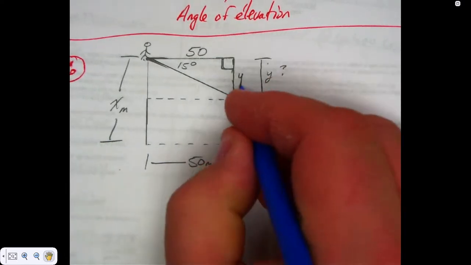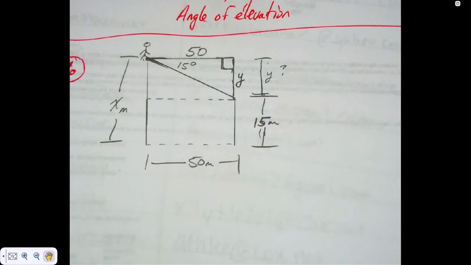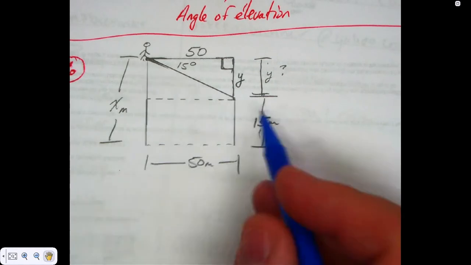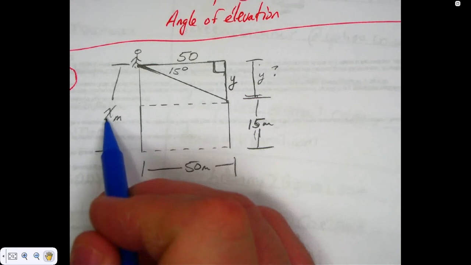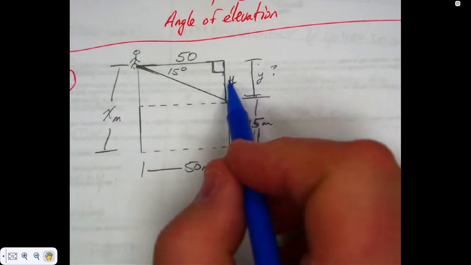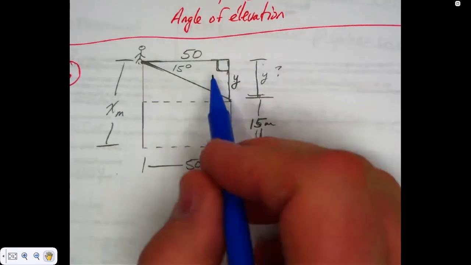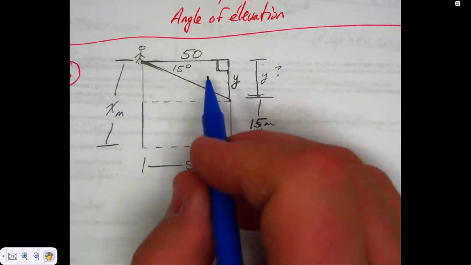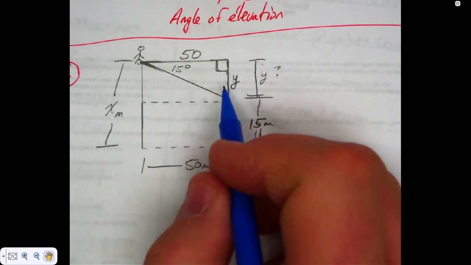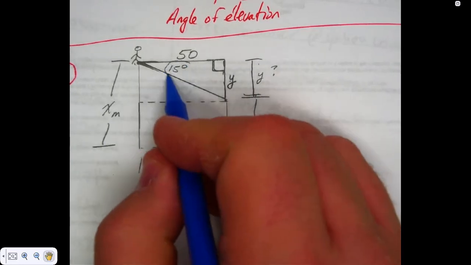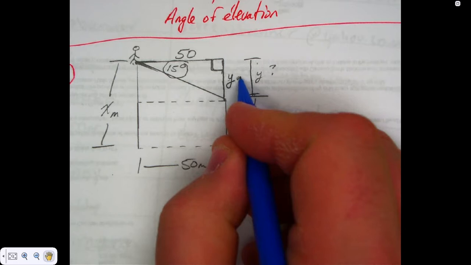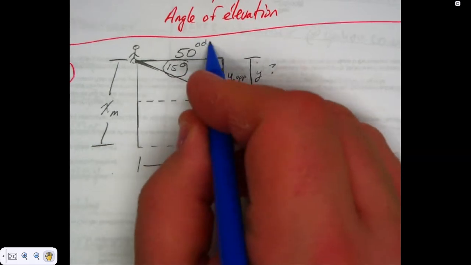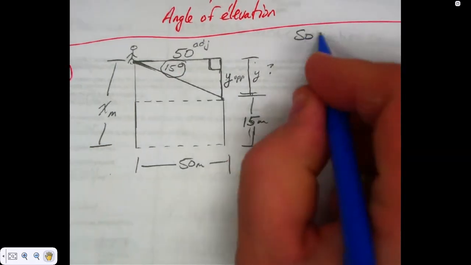So if it helps you, basically, this is y, correct? This is what they want us to find. If we find y, we can then add it to 15 and we'll have what? X. Does everyone agree? How am I going to find that? Using what? Trig functions. The information given to you will tell you which trig function to use. With respect to this angle, what has been given to me? The opposite and adjacent. Which one is that?